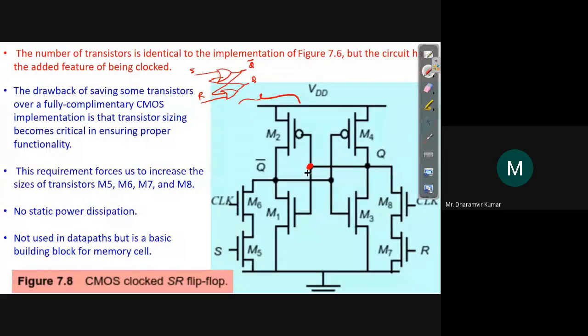The output is taken at the common point here. This is the output of this first stage, and this is basically Q bar. And this one is the input to this first stage.